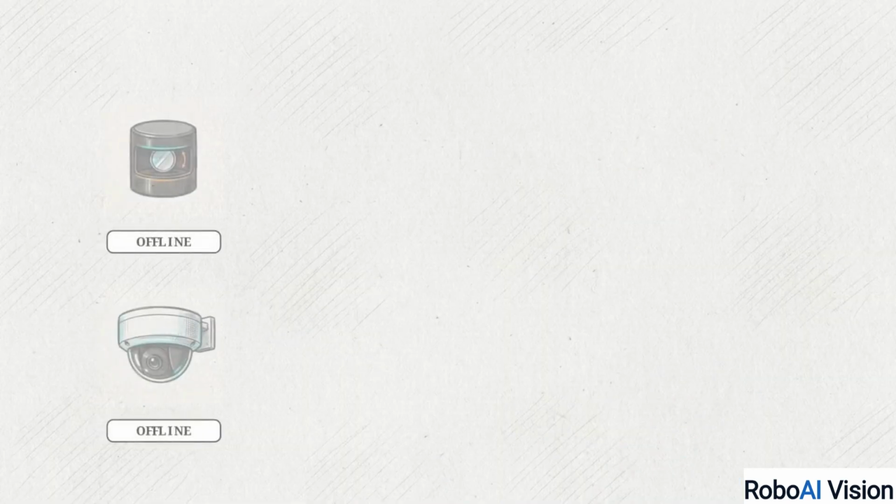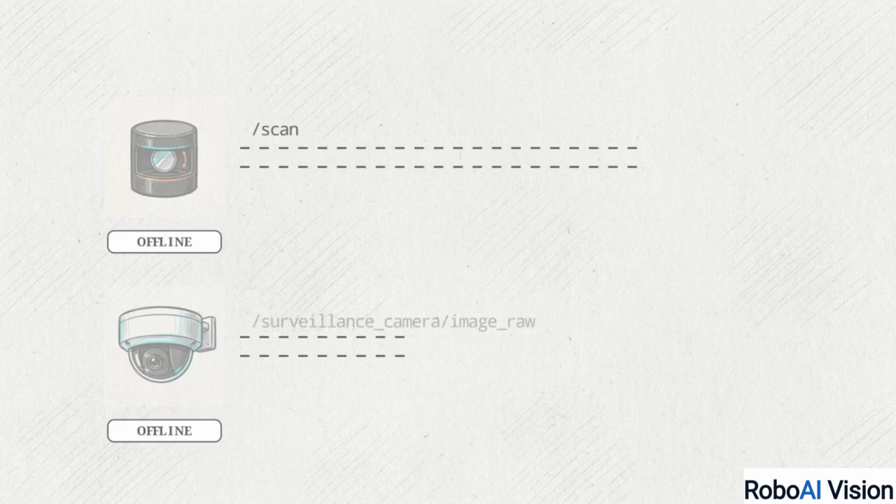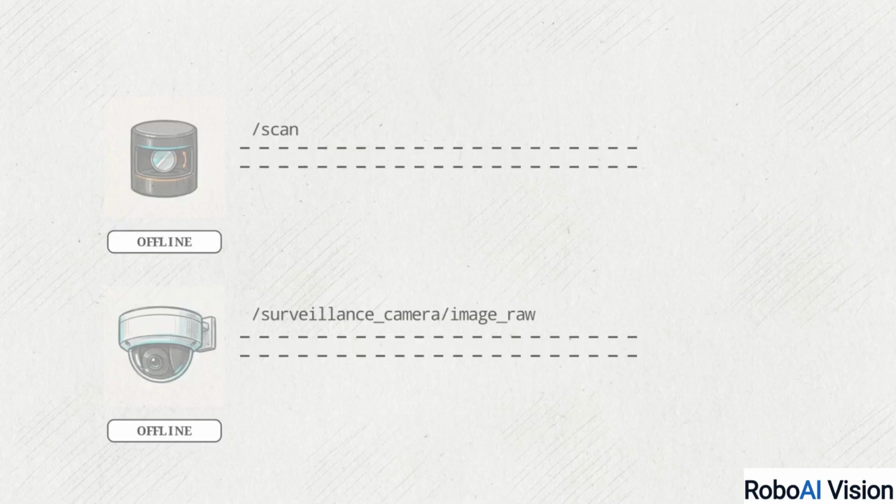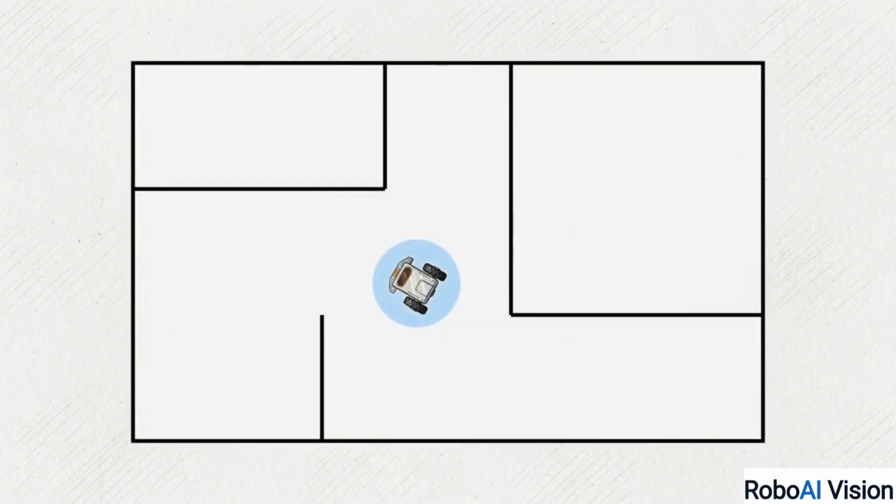Without Gazebo actively running, the robot's physical sensors, specifically the LiDAR scans and the overhead surveillance camera feed, do not generate any data. Once the environment is live, Terminal 2 launches AMCL. This node is responsible for estimating the robot's specific X, Y, and theta coordinates within the map.